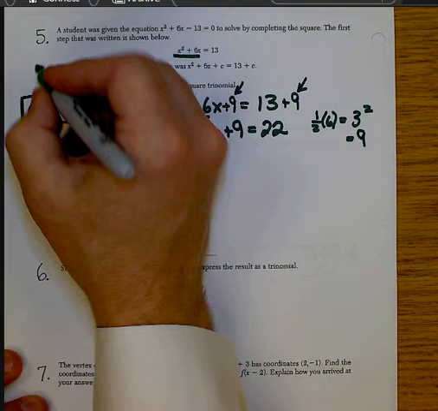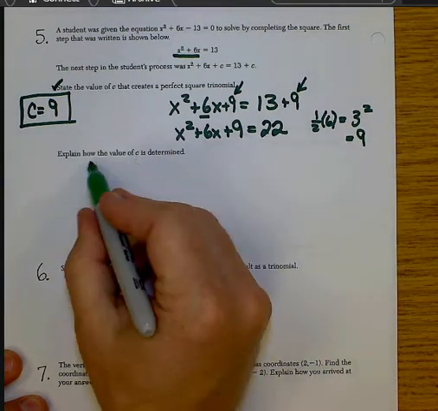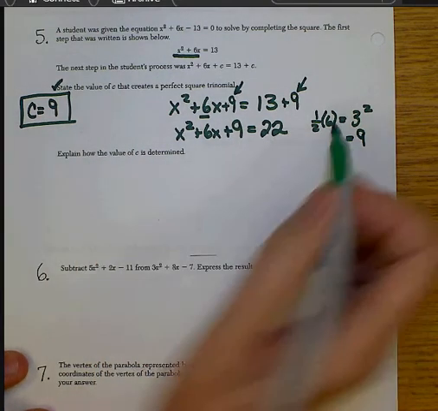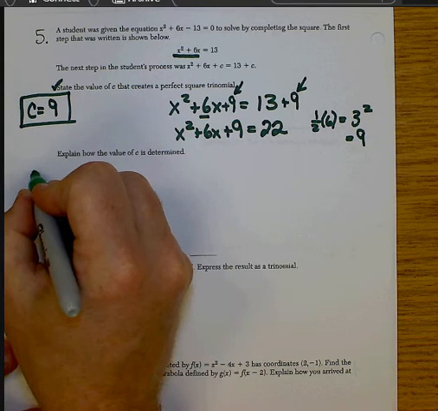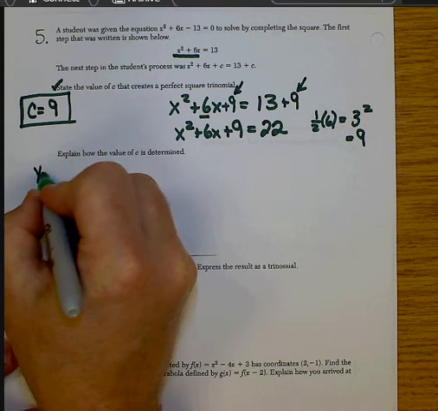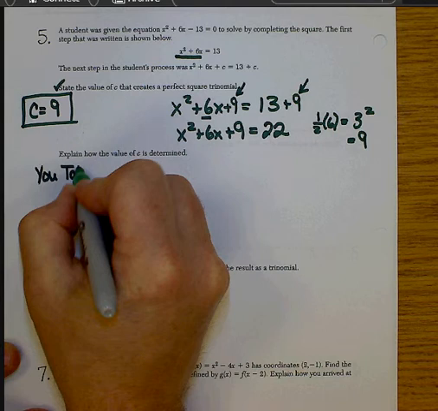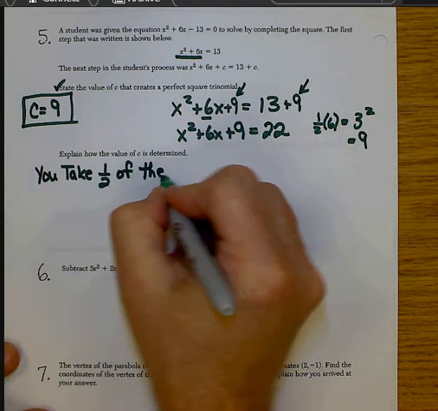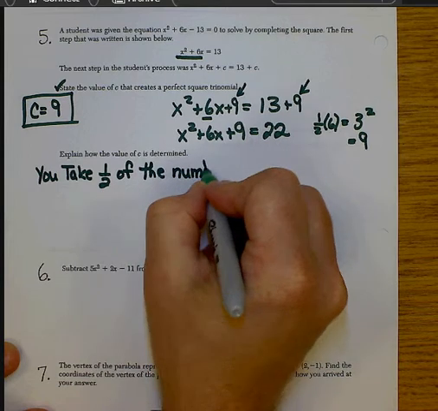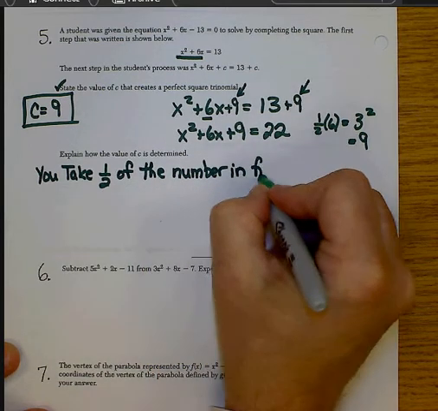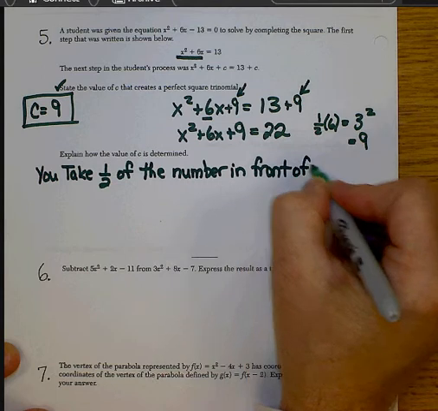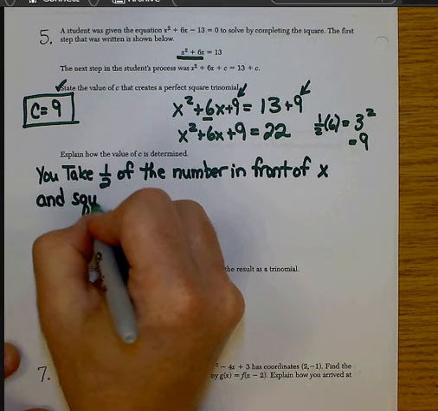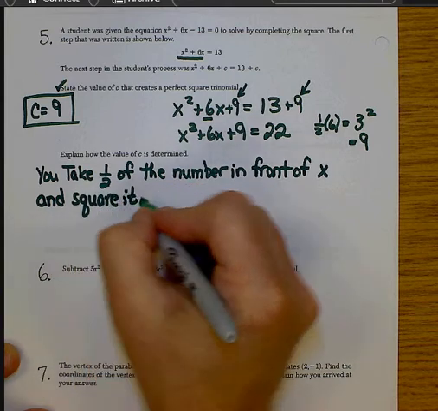All right. Make sure you answer all questions. And I come down here. Explain how the value of c was determined. Well, you take 1/2 of the number in front of x and square it.